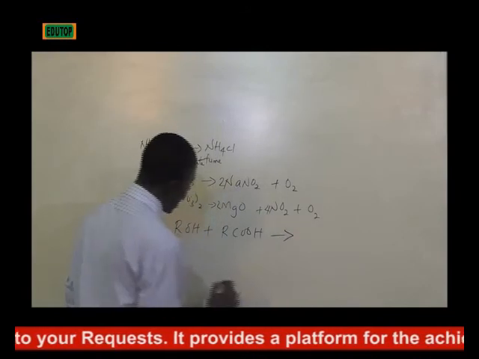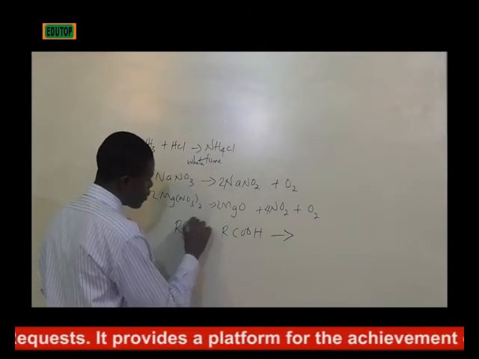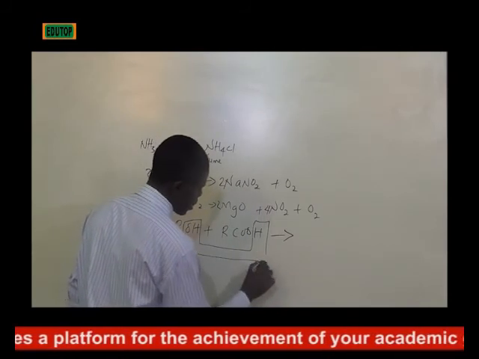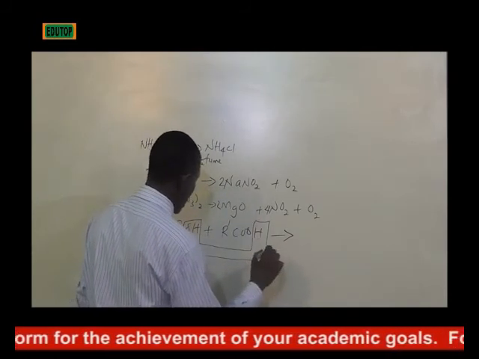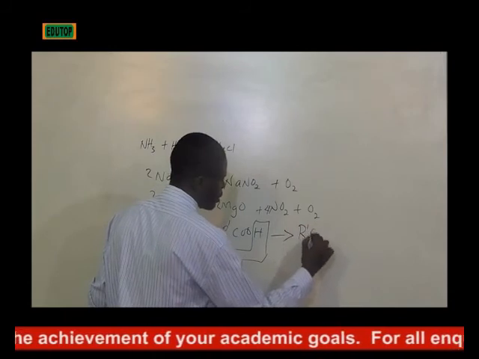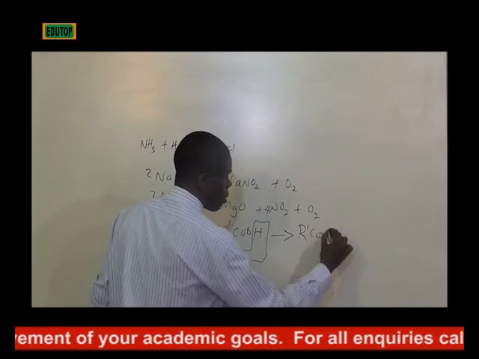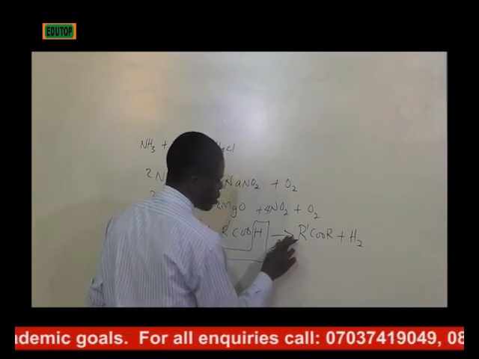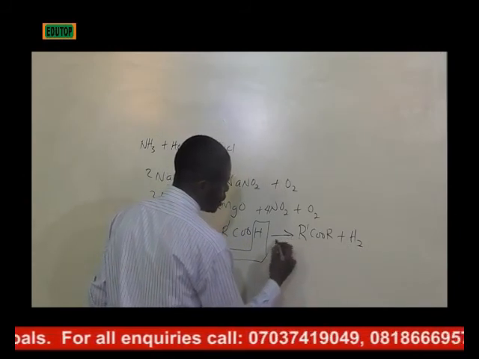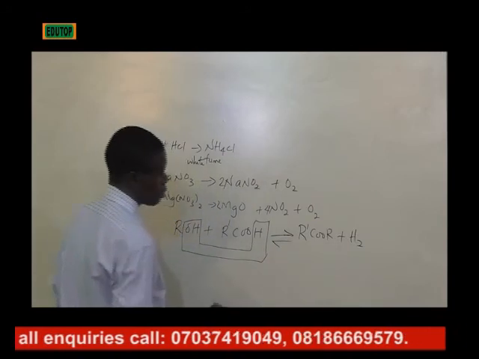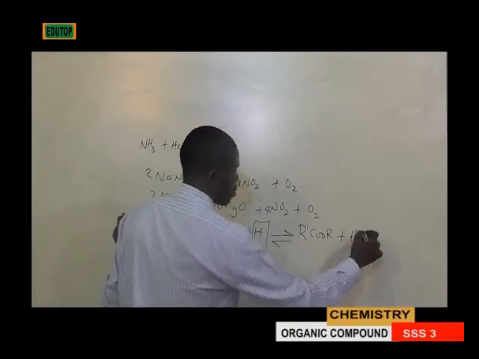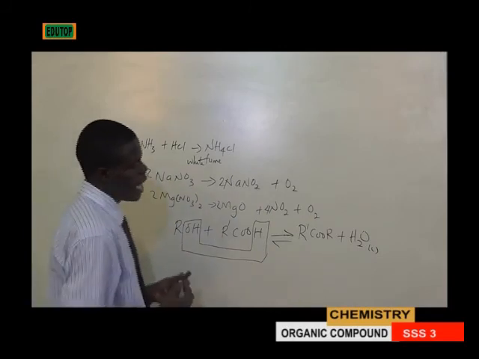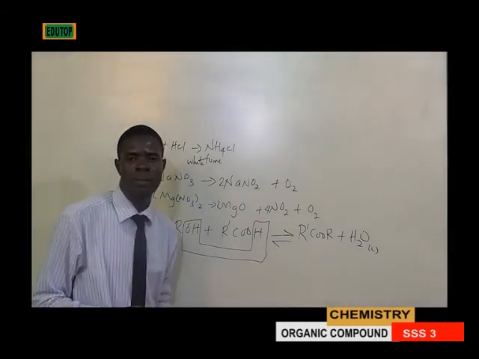When these react, the OH from the acid pairs up with H from the alcohol, and at the end we have an ester plus water. This reaction is usually reversible. So this reaction is called esterification.